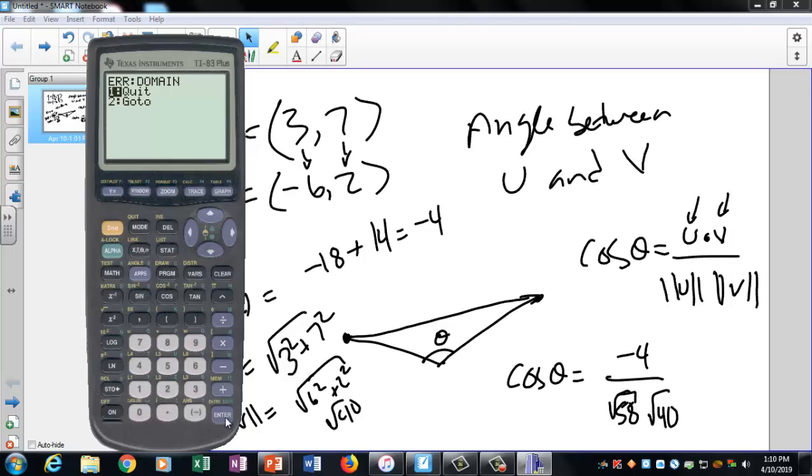And the reason why you get an error is it's going to do 4 divided by the square root of 58, get that answer, and then it's going to multiply that answer by the square root of 40, and that's going to go outside the negative 1 to 1 domain that you're dealing with. Does that make sense? Because the order of operations would say divide first, get that answer, and then multiply. You got to do the whole bottom piece as one spot. Okay, and that's why you need the parentheses.